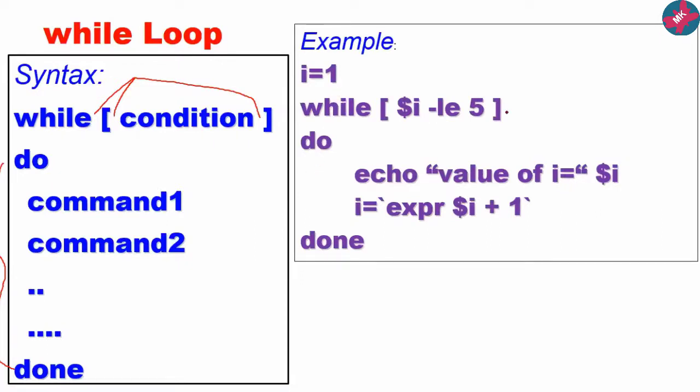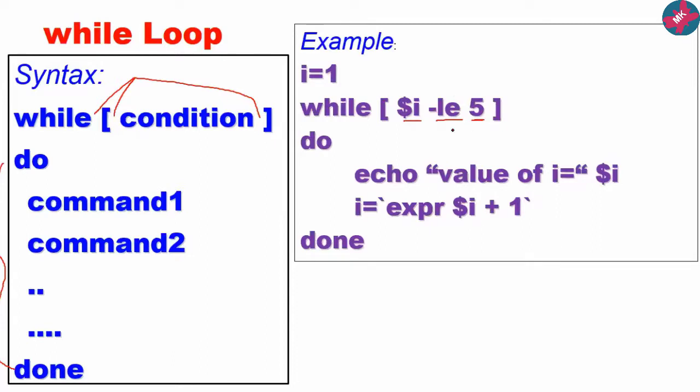Here I will initialize i equals 1, and then I will put the condition that the variable value is less than or equal to 5. Do recall that whenever we are using this type of statement, we always use the square bracket.